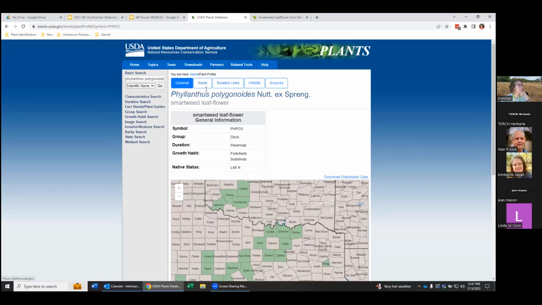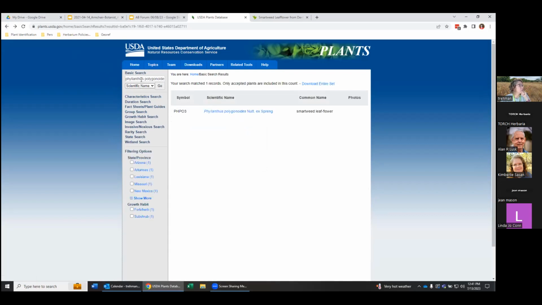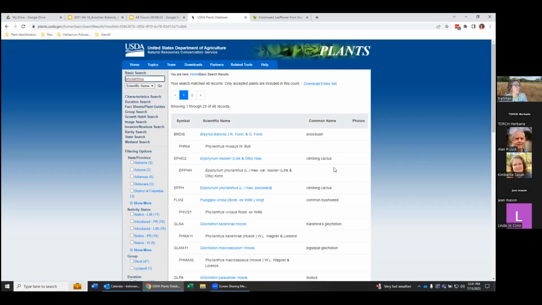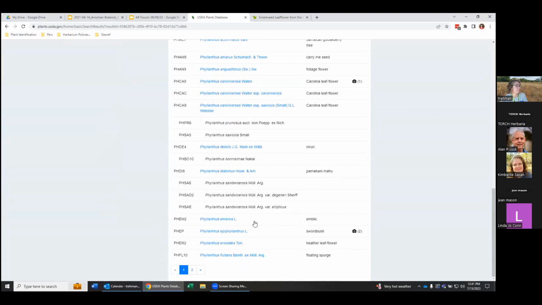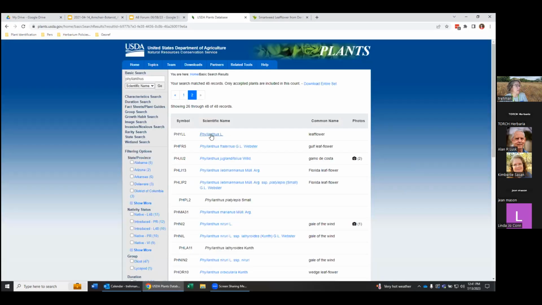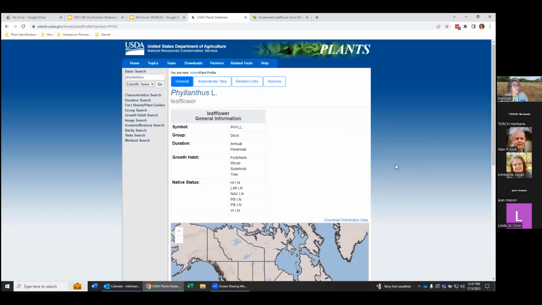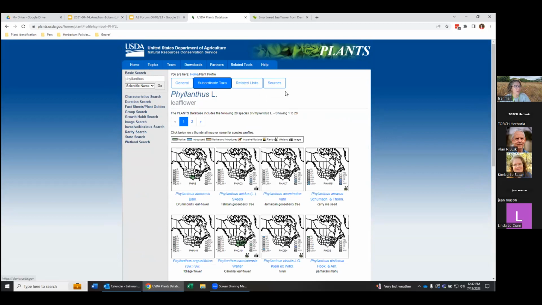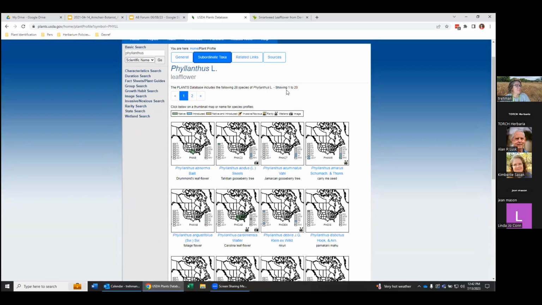Here's another fun thing I like to do in here. Let's see, if I just typed in Phyllanthus up here. We are going to get to keys, I promise. Okay. So what I did in this case, I'm still in USDA Plants, but I went up one level to the genus Phyllanthus only. If I click on subordinate taxa here, on this other tab, you'll notice that there are 28 different species of Phyllanthus known from North America.